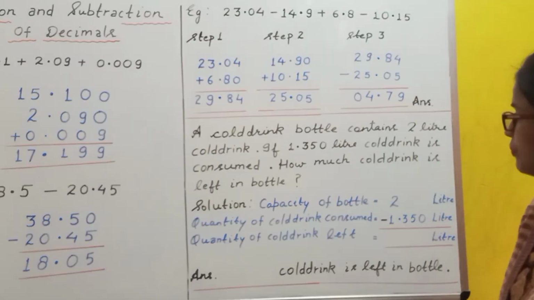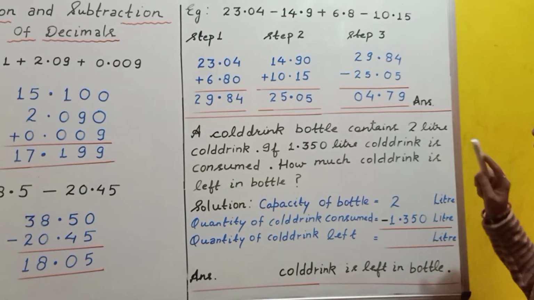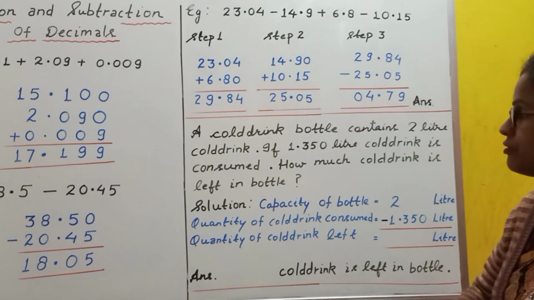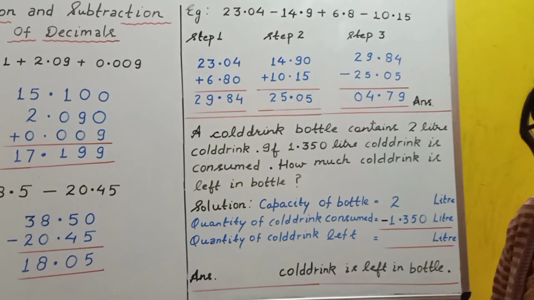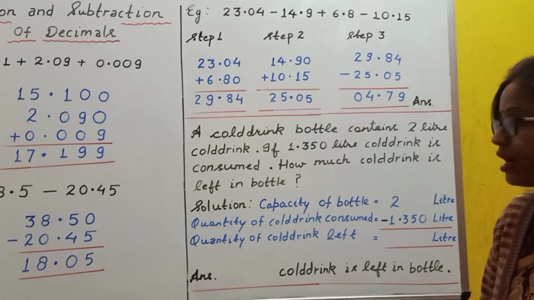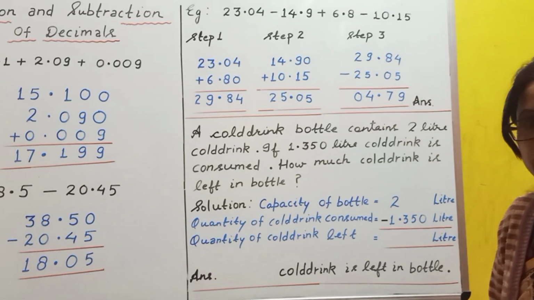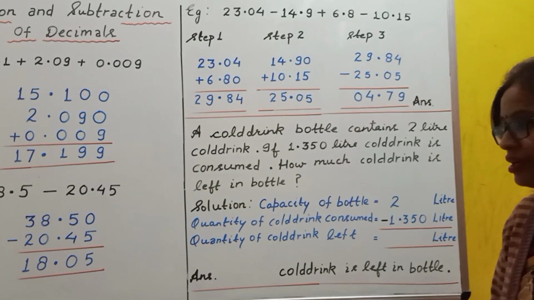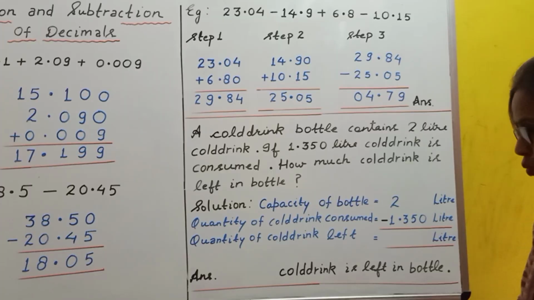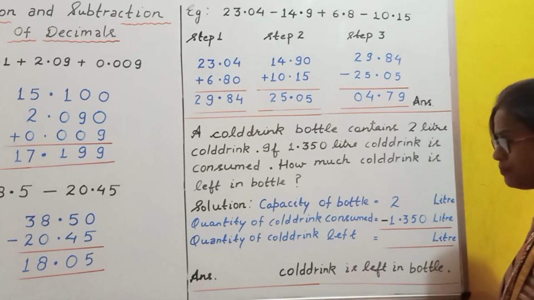So children, here a cold drink bottle contains 2 liter cold drink and 1.350 liter cold drink is consumed. We have to find how much cold drink is left. As you know, left means subtraction. We have to subtract.